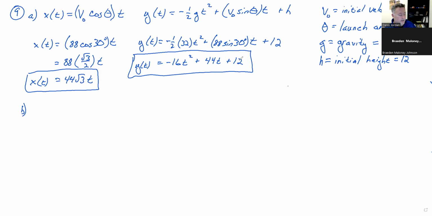Because if you can use them correctly, then you've demonstrated the skill for the rest of the problem, and you only lose maybe 2 points as opposed to 10 if you just leave the whole thing blank because you couldn't do part A. Gotcha. Okay. All right, so B, how long is the rock in the air?